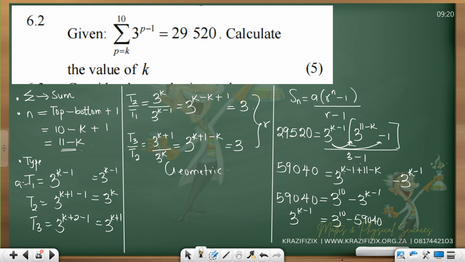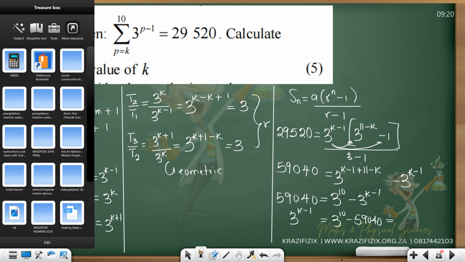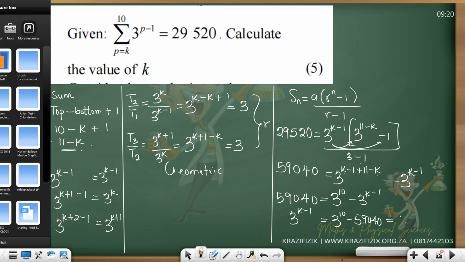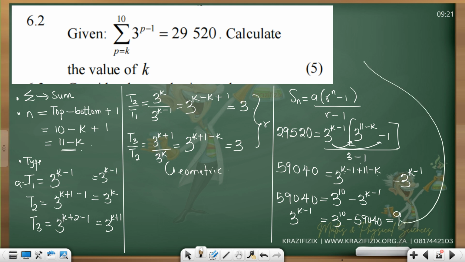Let's get an answer here quickly. 3 to the power 10, minus 59040. Oh, that gives us 9. Interesting maths. If that is giving us 9, this is 3 to the power 2. Laws of exponents, equate. k is 3.